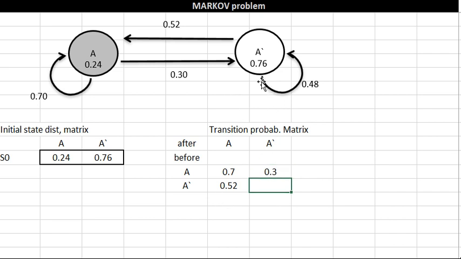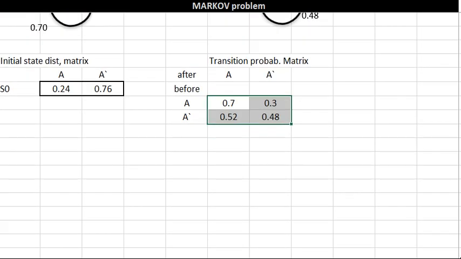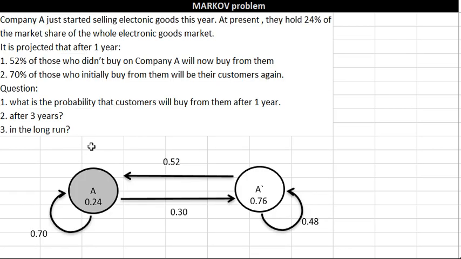And yung dating hindi A, na hindi pa din siya sa A, siya ay 0.40. This is now our transition probability matrix.